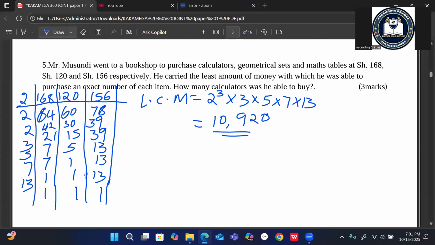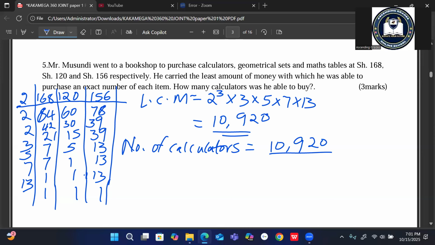So the number of calculators will be equal to the total divided by the cost of each calculator, which is 168 shillings. Upon dividing 10,920 by 168, we'll get 65. Therefore, he bought 65 calculators.